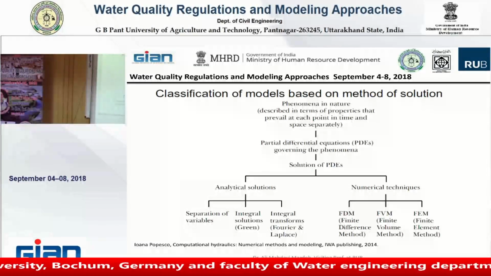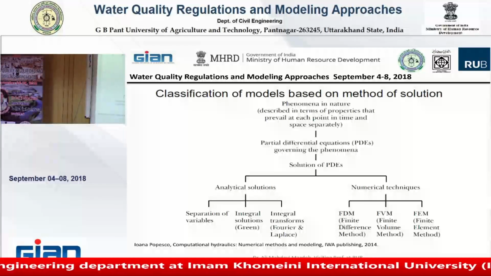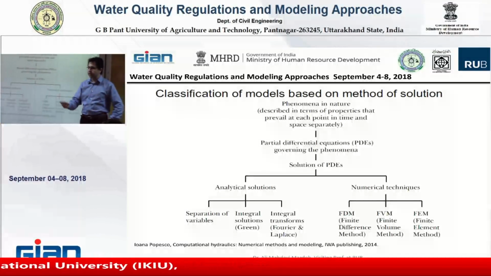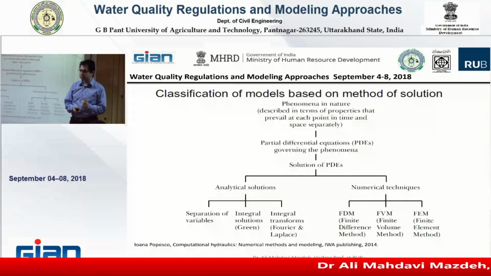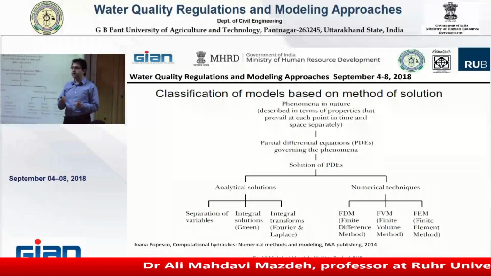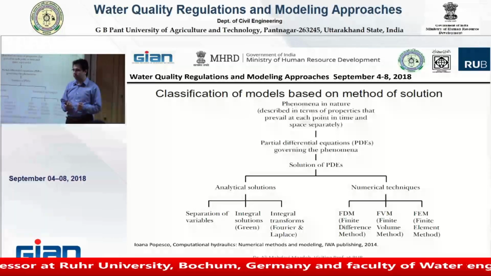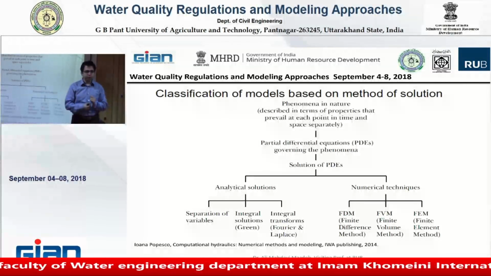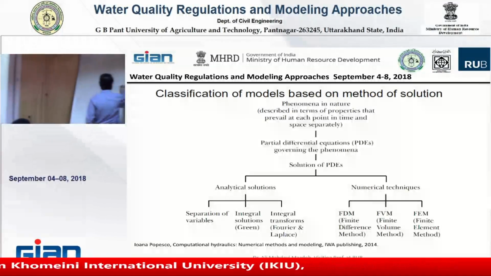Now we reach a point where we have an equation for water movement and pollutant transport. How can we solve this partial differential equation? I give you a very simple example before going further, because you have seen this equation before.